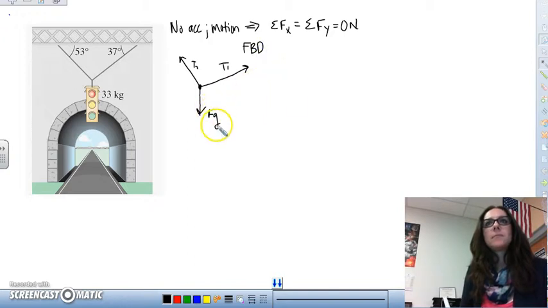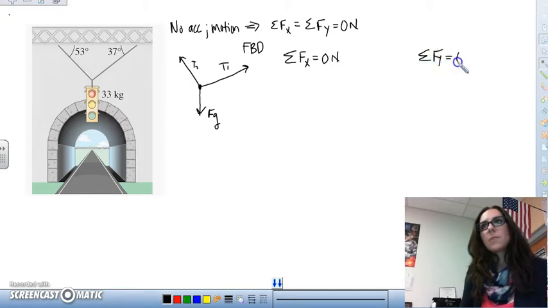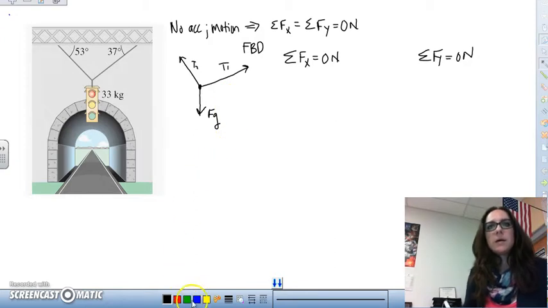Just like that. So, as always, we're going to start by basically labeling our x and y. And we already know, like I said, that the force on our system has to equal 0 for x and for y. So what I like to do first, especially if I have angles like this, is just kind of visualize my x and y so it can help me with my signs.